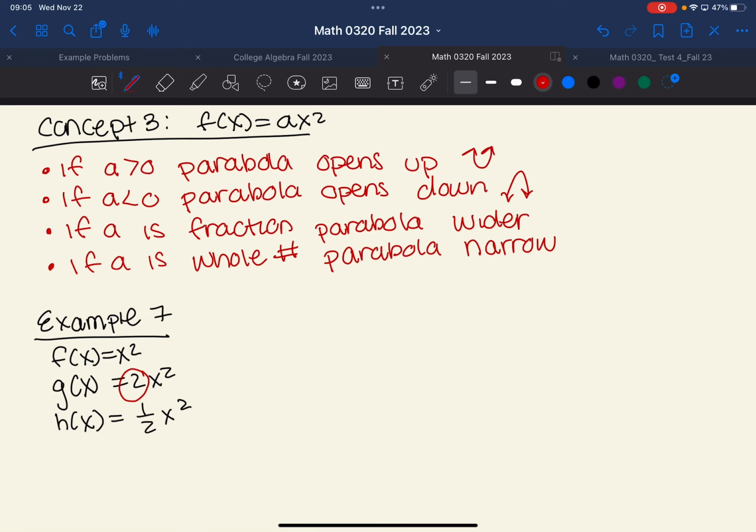A value of 2 in front of x squared, looking back up at our definitions up here, does what two things to the graph? Good, it's going to be narrow and opens up. So narrow, opens up.